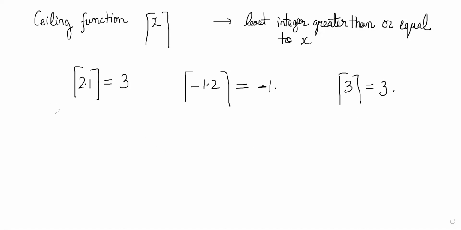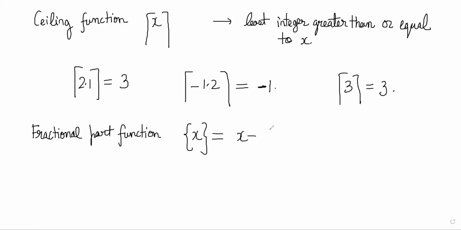Once we know about the floor and ceiling functions, we can also define the fractional part function. The fractional part function is symbolized with curly braces, and it is equal to x minus GIF of x. The fractional part function is always non-negative and its value is always between 0 and 1.